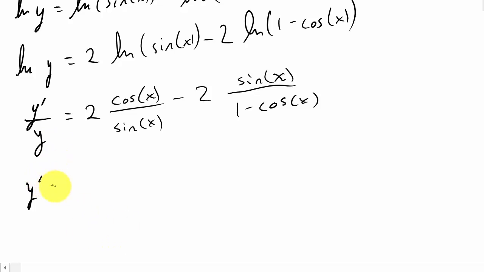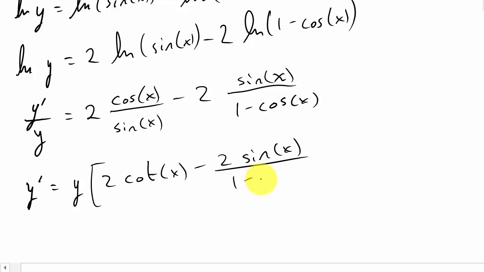Y prime is equal to, well, first let's do this: y times 2 cosine x over sine x. This right here, we'll go ahead and write as cotangent x, minus 2 sine x over 1 minus cosine x.